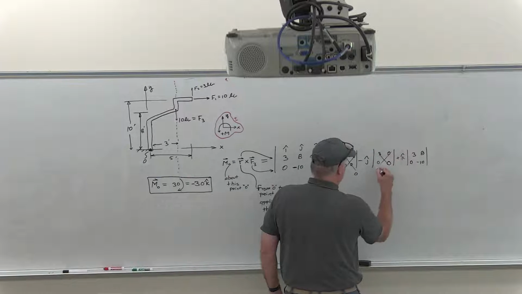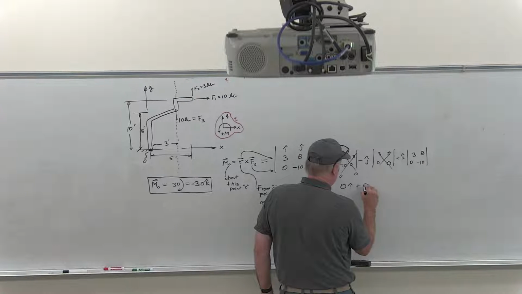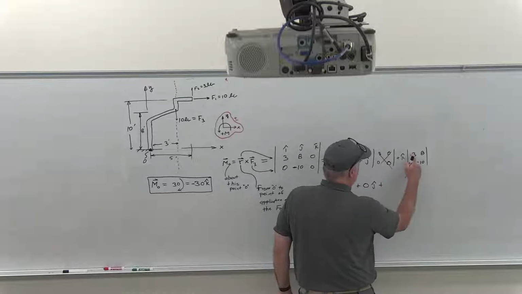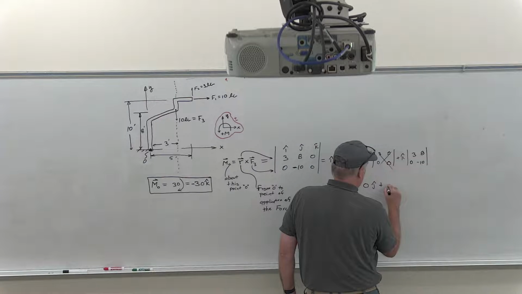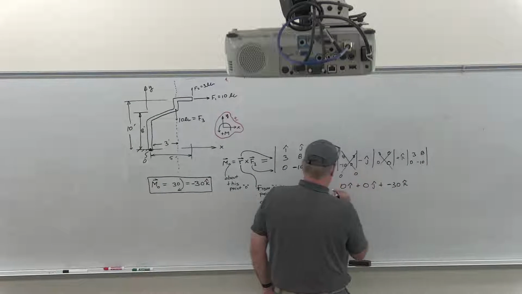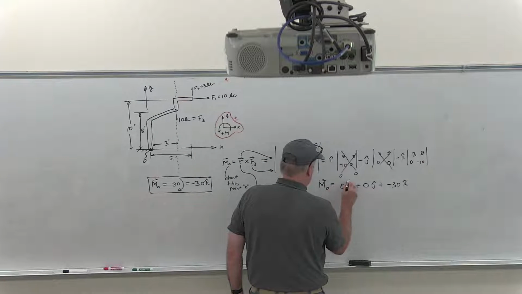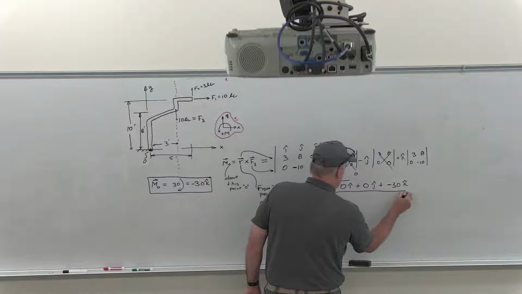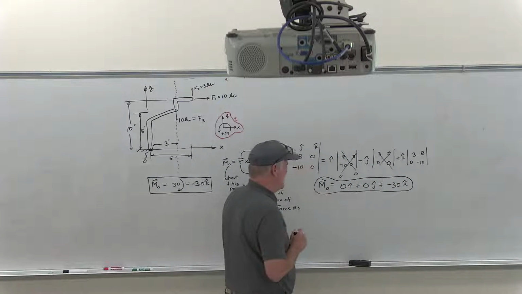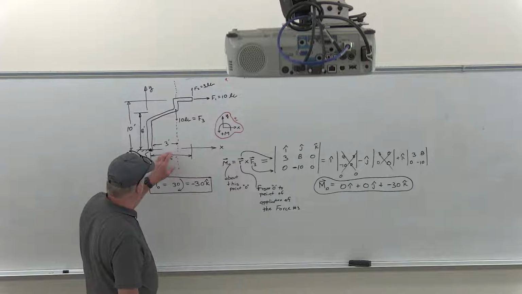So that should be 0, 0, so I get a 0i plus a 0j plus 3 times 10, which gives me a minus 30, and the 8 times 3. So, lo and behold, I get this. That's what we perceived to actually happen here.